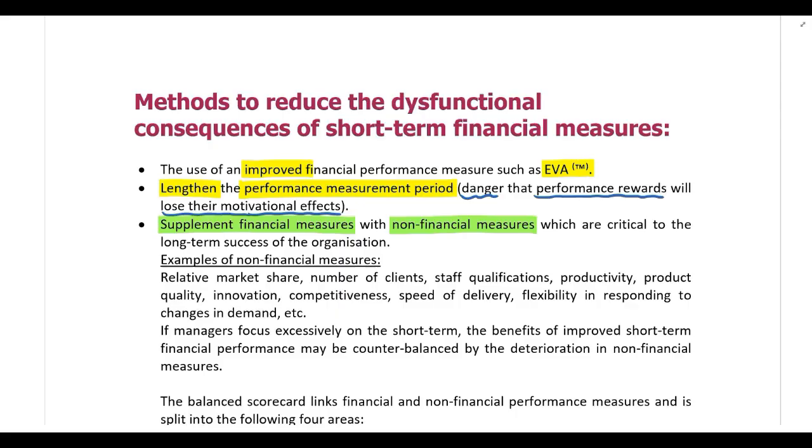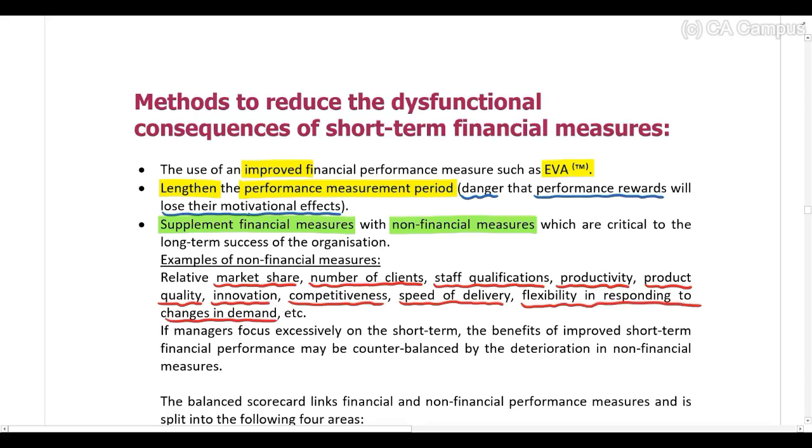So I've included a few examples over here of non-financial measures. It's things like the market share of the company, the number of clients that they have, the qualifications of their staff members, their productivity level, how innovative are they, what is their product quality like, how competitive are they, what is the speed of delivery, how flexible are they in responding to changes in demand.